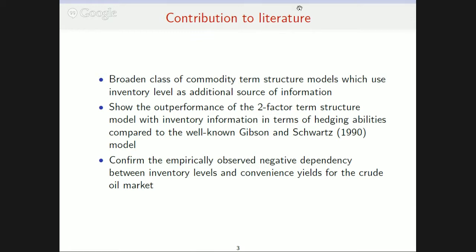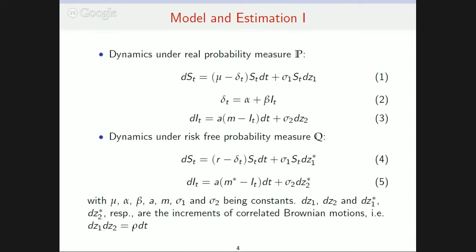So some technicalities. Let's jump directly into our model. We see our model in the risk neutral and in the real probability measure. In equation 1 we have the typical spot price dynamics, and then the convenience yield.